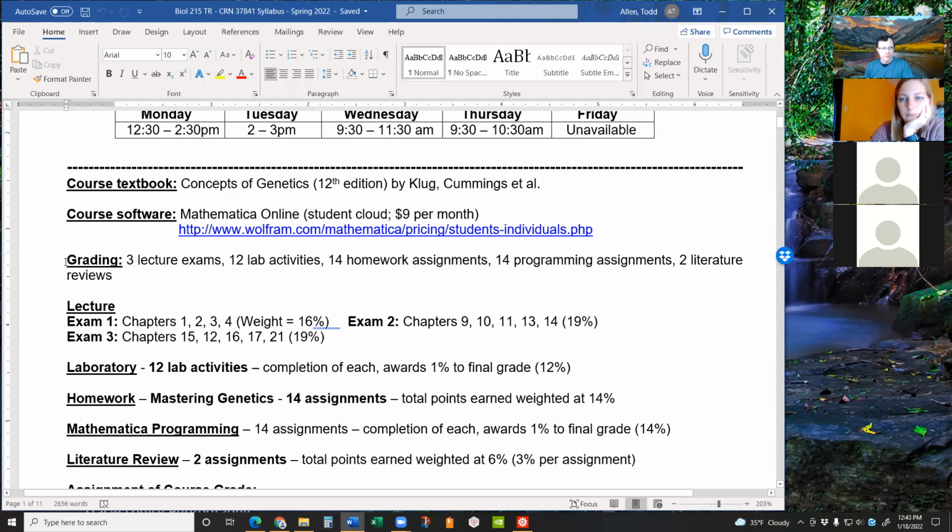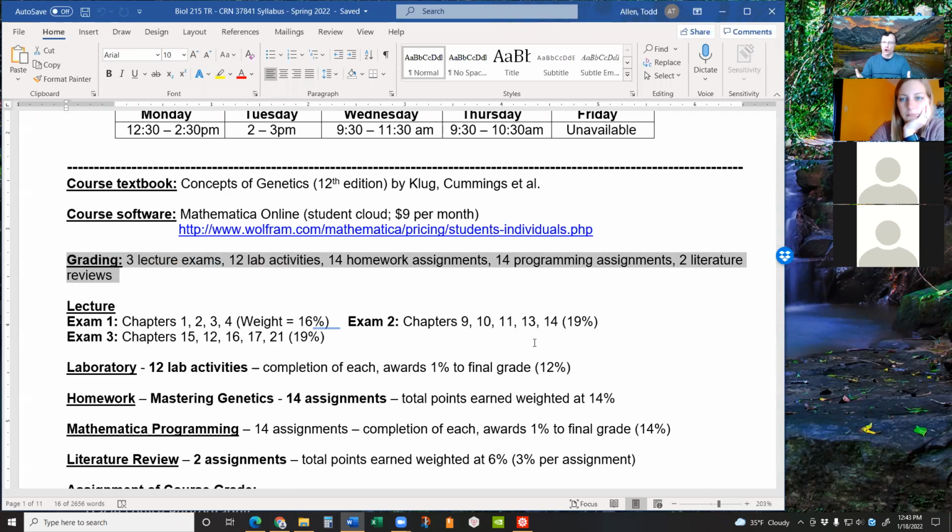In this course, these are the things that you will be graded on. You will have 3 lecture exams, which are really big, important exams, right? You can see the weight of these exams below. The weight of exam 1 is 16%. The weights of exams 2 and 3 are 19%. So what I mean by weight is this.